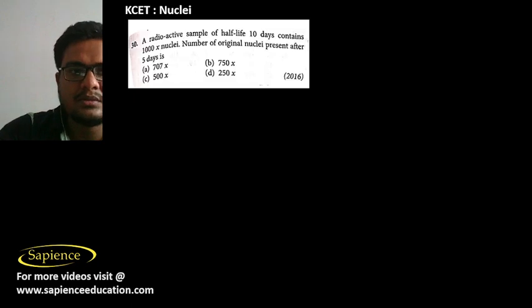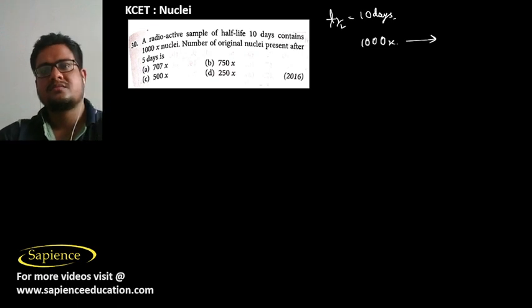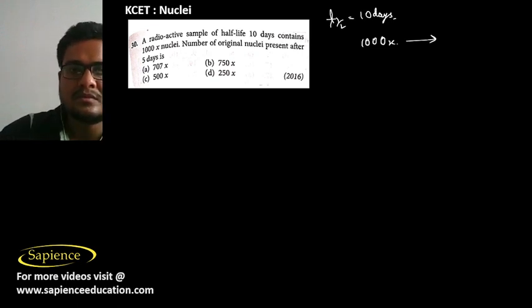Then it is told a radioactive sample of half-life 10 days contains 1000x nuclei. Find the number of original nuclei present after 5 days. So 5 days means half of the half-life. We know that N, the number of nuclei present at time t, is equal to N0 into e power minus lambda t.